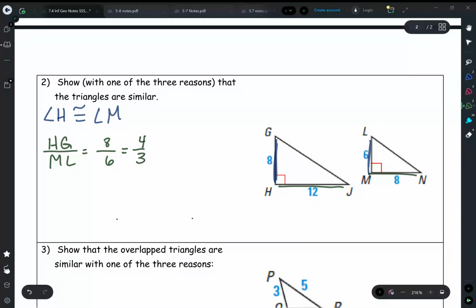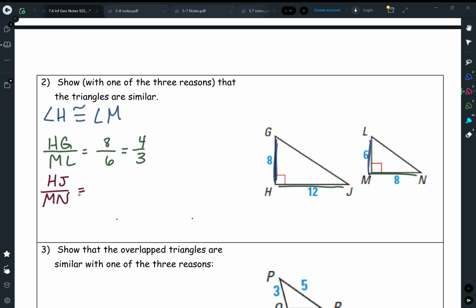And then I also have to check the bottom side on that triangle. So HJ to MN, and that's equal to 12/8. Divide the top and bottom here by 4, and I get 3/2.